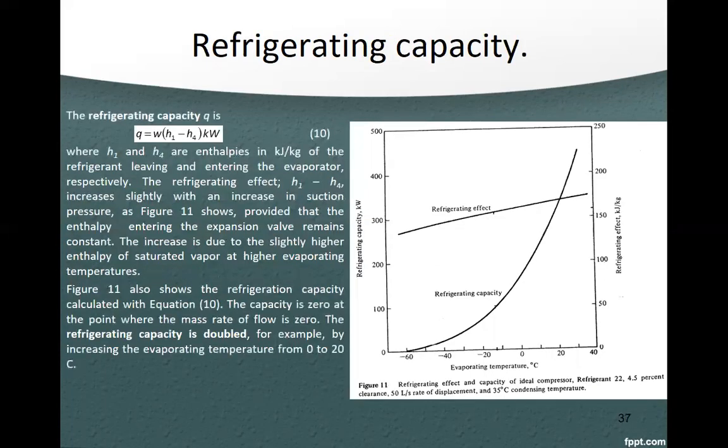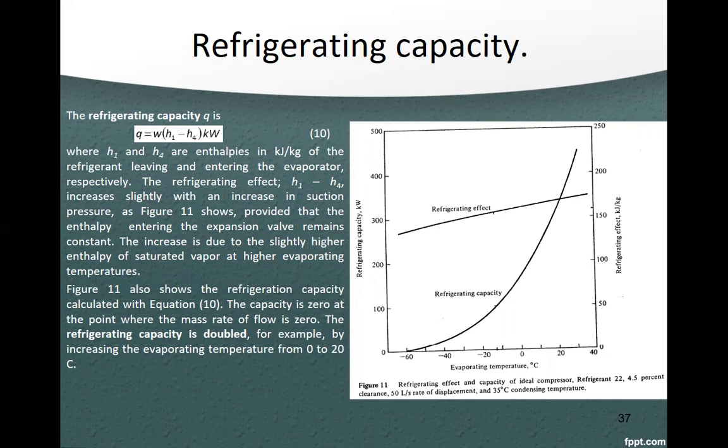Next, the refrigerating capacity. The refrigerating capacity Q is equal to W times (S1 minus S4) in kilowatts, where S1 and S4 are enthalpies in kilojoule per kilogram of refrigerant leaving and entering the evaporator, respectively.